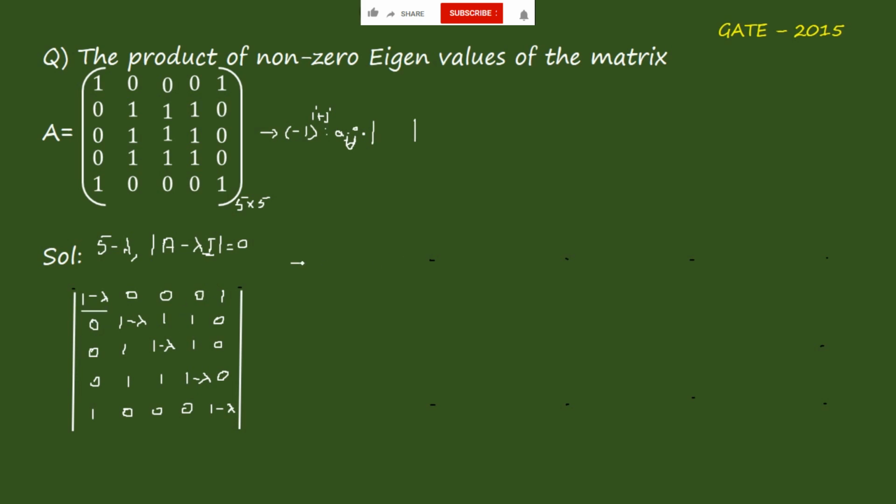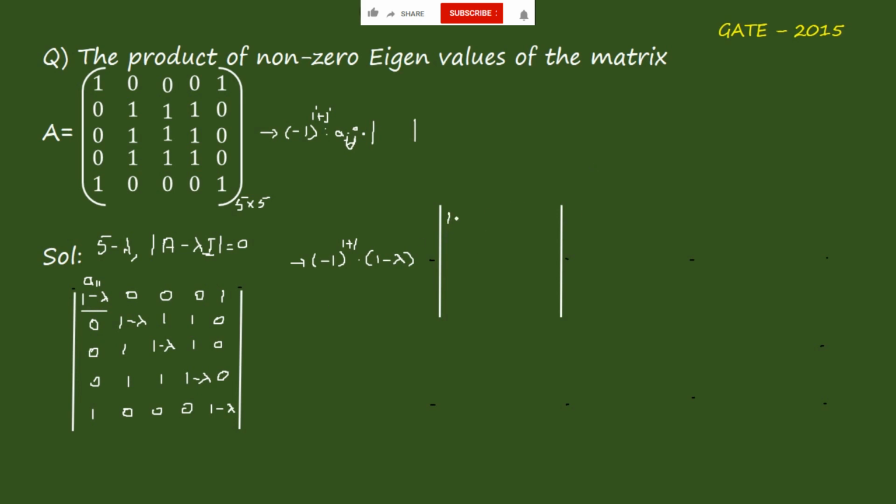So it becomes minus 1 power, it's an A11, first row, first column, 1 plus 1, into 1 minus lambda. Then draw straight lines here and here. Do not consider the row and column of this particular A11, first row and first column. So consider only the other terms.